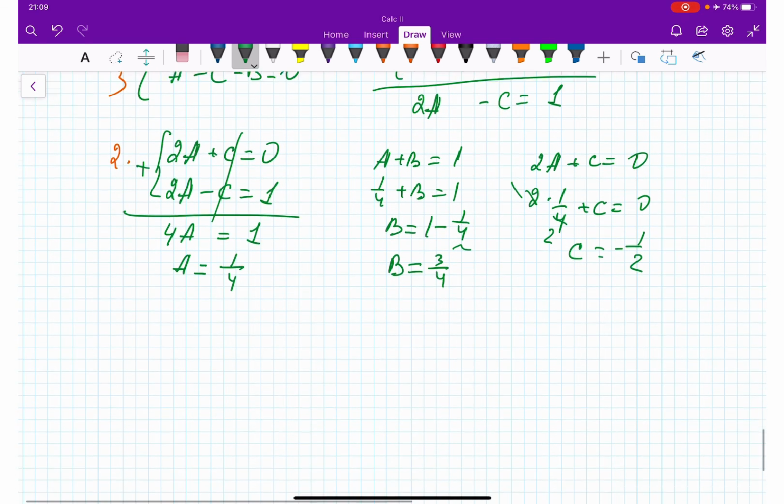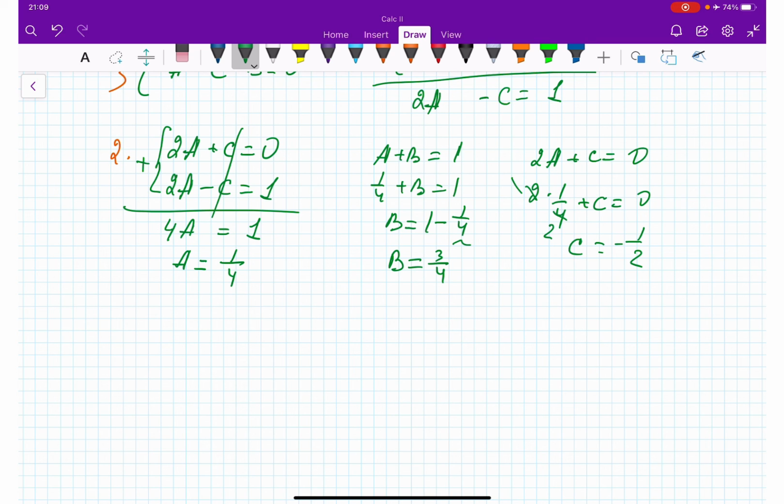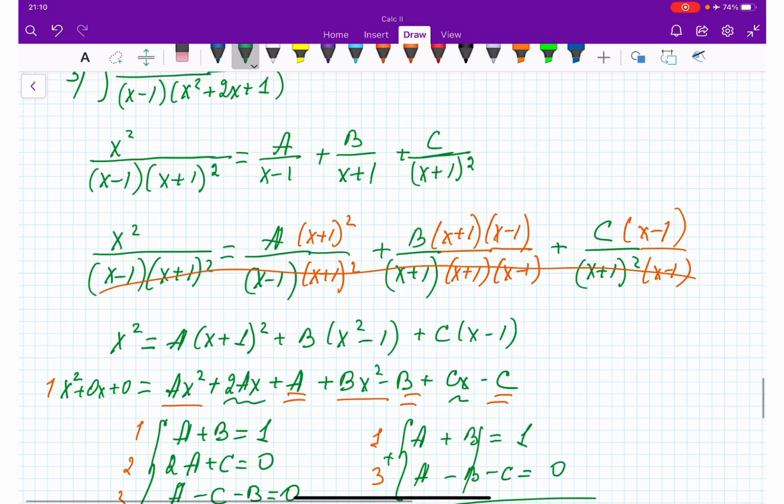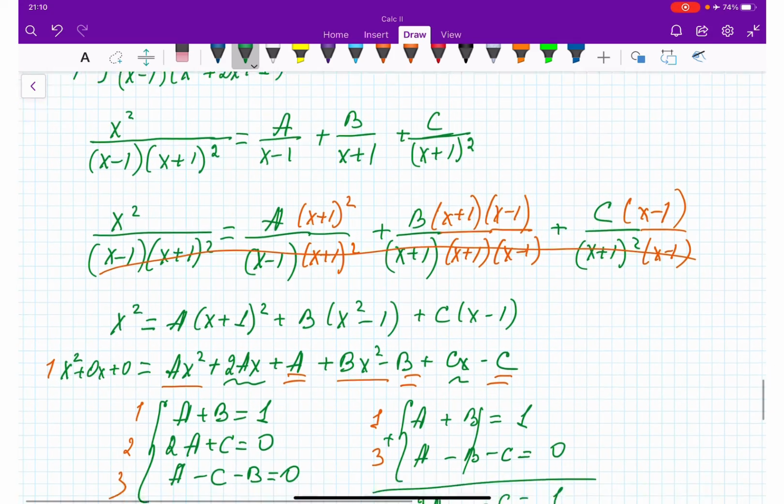Okay, once we have it, we are going to write down the following. A is going to be 1/4, and since it's a constant, let me put it out: 1/4 integral of 1 over x minus 1 dx, right? My A was with x minus 1, and then comes x plus 1, and then comes (x plus 1) squared.